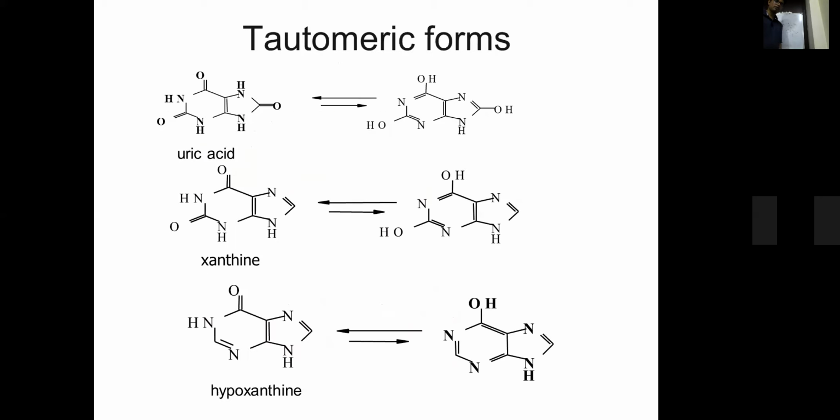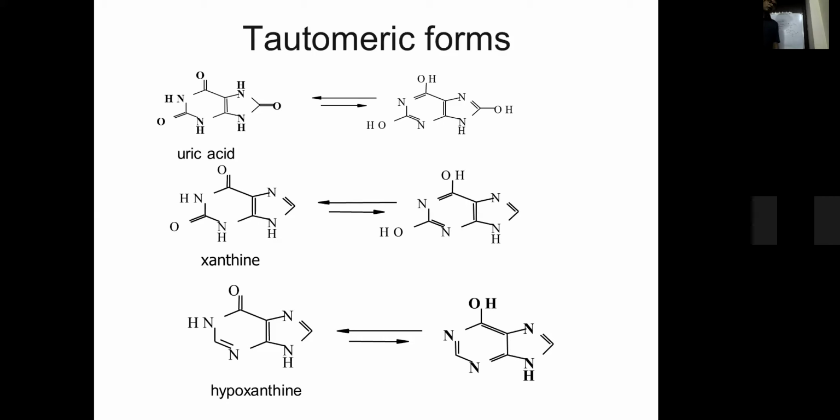Now these are the various tautomeric forms. If you see, they are in keto form, and this keto can be converted into the enol form. So uric acid is in keto form and gets converted into its enol form. These are examples of keto-enol forms of the corresponding derivatives.